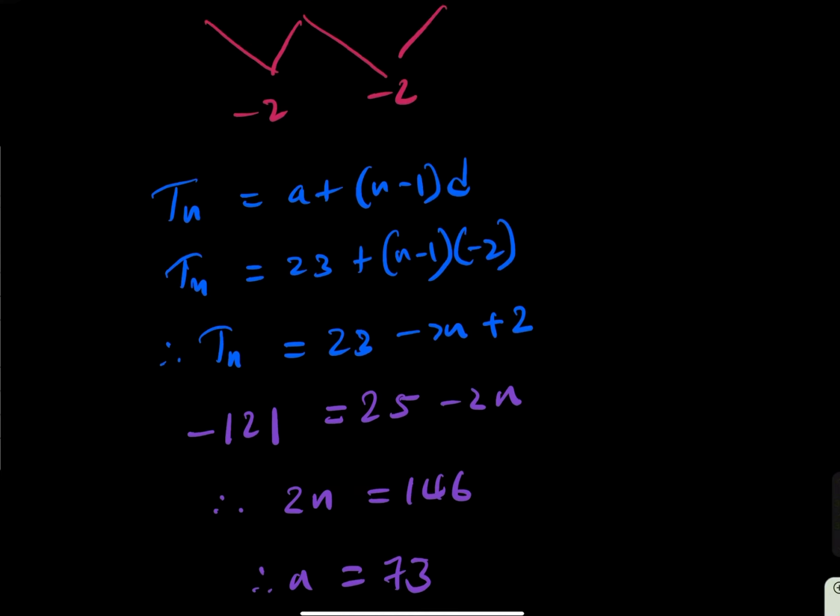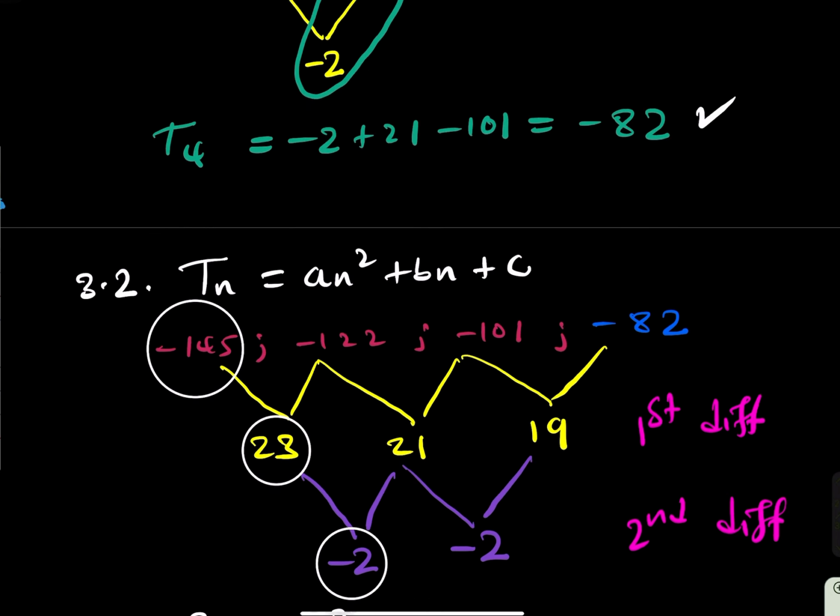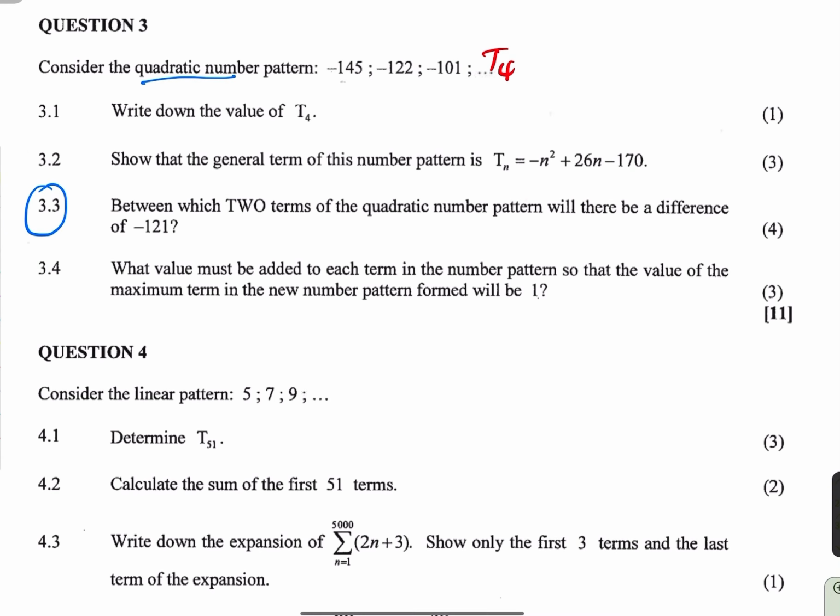Check the question. I want you to read the question carefully. They are saying what value must be added to each term in the number pattern so that the value of the maximum term in the new pattern formed will be 1.